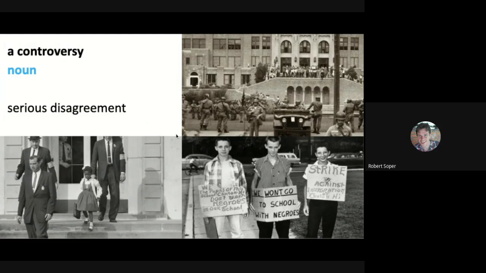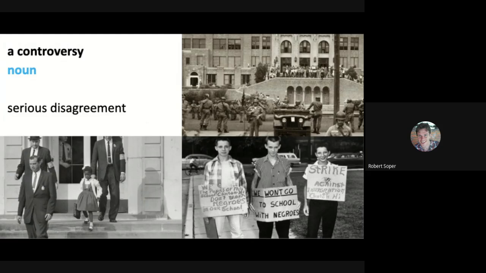So they would make offensive signs and they would insult the students as they were leaving the school. So they seriously disagreed with the government's decision to implement forced school integration. They wanted the people of different races to be separated in schools.